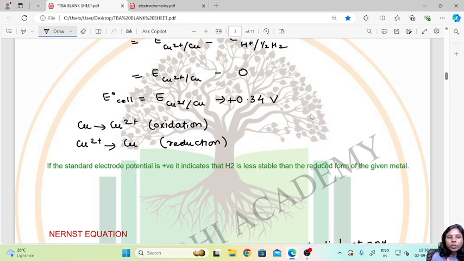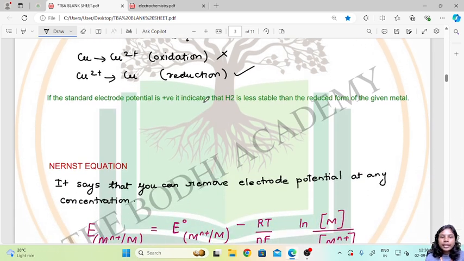So this state is not favorable, correct? The reduction state is more favorable because its E° cell value is positive, which tells that its reduced form is more stable than the H2 that is present. If the standard potential is positive, it indicates that H2 is less stable than the reduced form of the given metal.